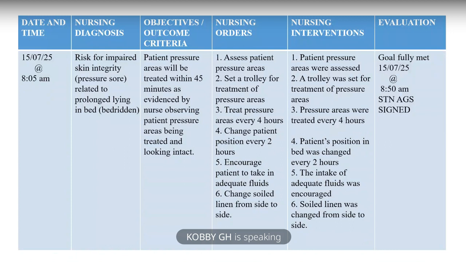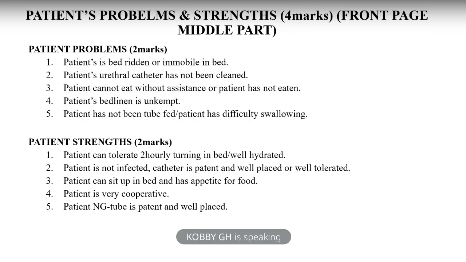Do you get it? That first part of the diagnosis, the risk for impaired skin integrity, is actually representing the problem you've written here. Students commit that error a lot when we are talking about loss of appetite. They write imbalanced nutrition, less than body requirement, then they relate it to loss of appetite.